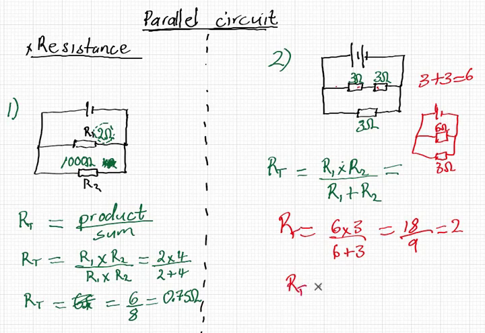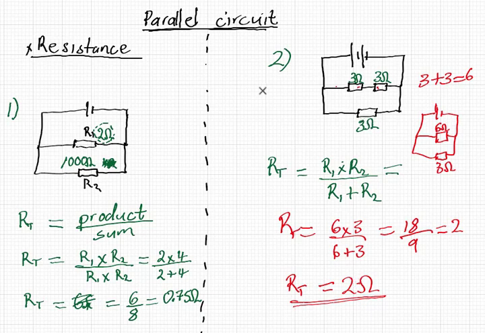Therefore RT is equal to 2 ohms. What do we see? Once again, the total resistance is less than the smallest. In this case, they were all equal. Yes, the equivalent resistance is 2 ohms.